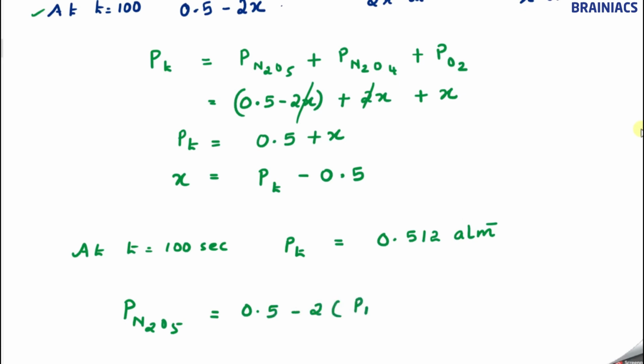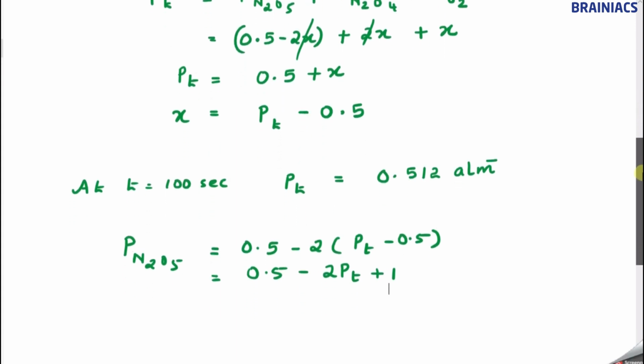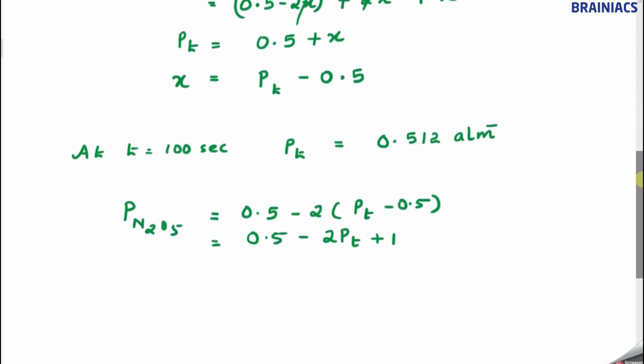We already know x is PT minus 0.5. So 0.5 minus 2PT plus 1, since 2 into 1 by 2 is 1. Now we can do it further. 1 plus 0.5 is 1.5, minus 2 times PT.